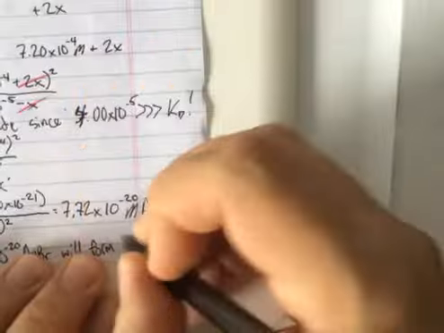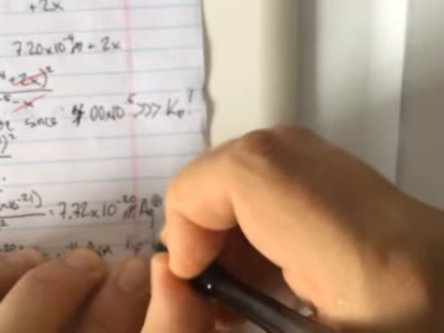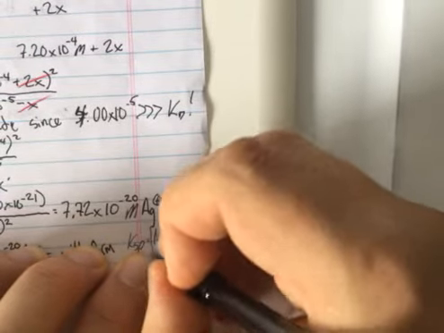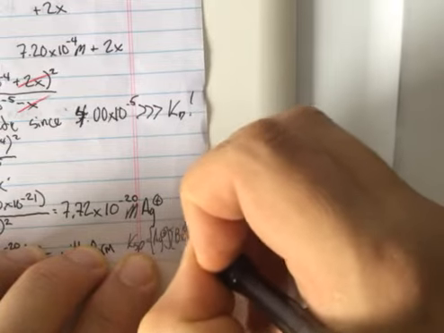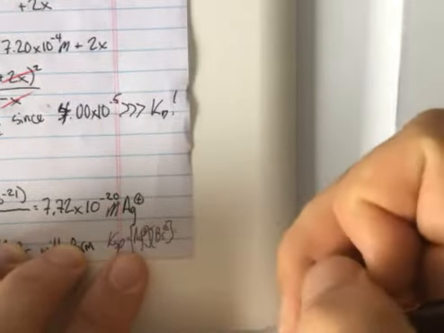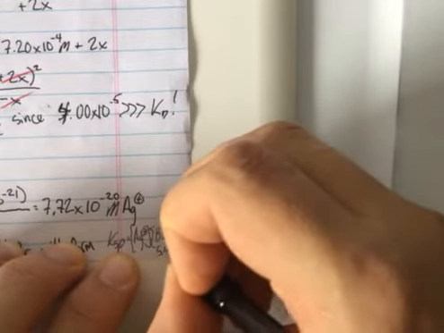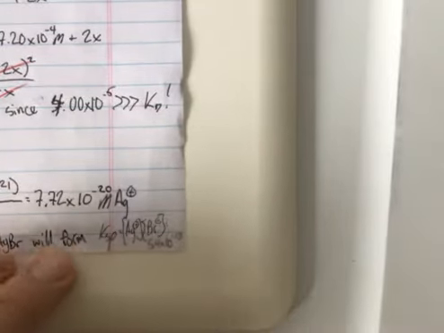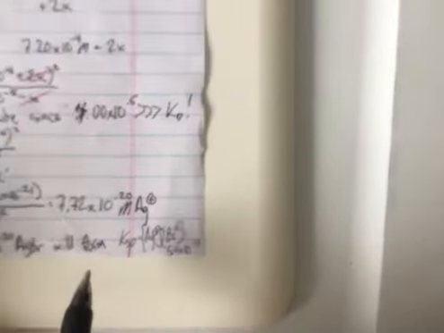Ksp of silver bromide equals Ag plus times Br minus concentration. Okay, so that's 5.4 times 10 to the minus 13.